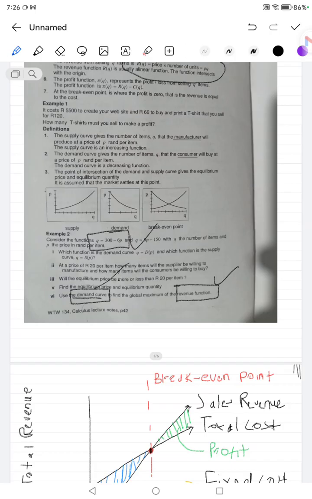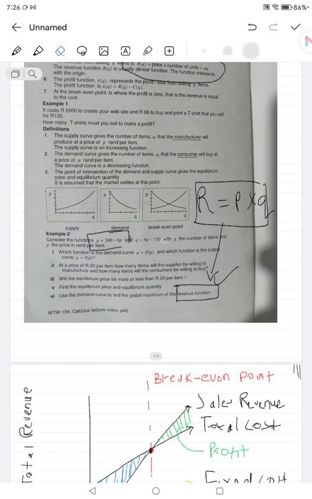We started with the revenue function, R equals P times Q, but we already know that this was for the revenue, while for the demand we had this one.